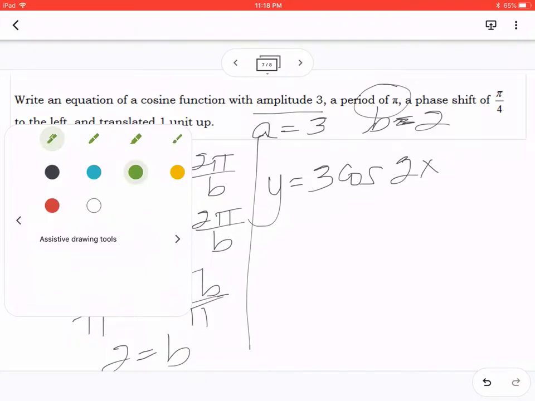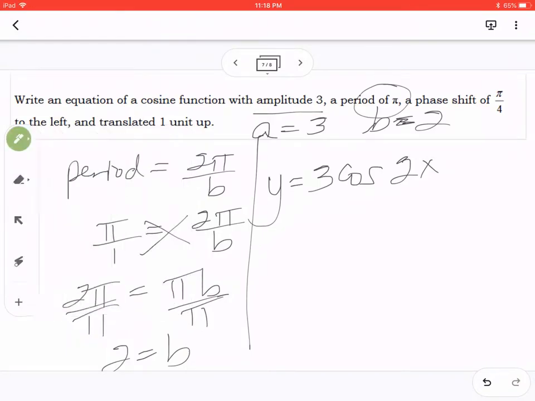It's moving to the left, so we're going to be adding on the pi over 4. That's going to be enclosed in parentheses, starting with the 2x plus pi over 4, close parentheses.